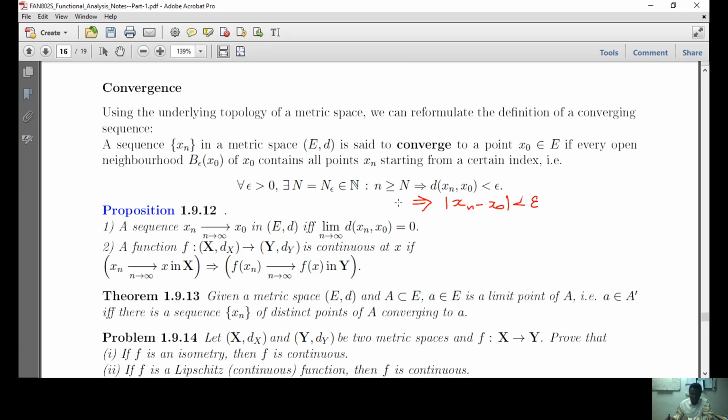This is exactly what you wrote for a converging sequence in R, in real analysis. This is how you write it, less than epsilon.